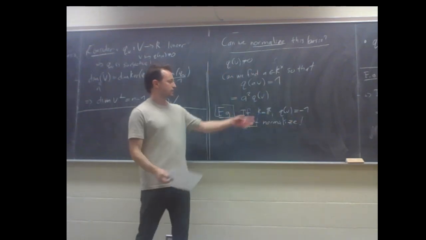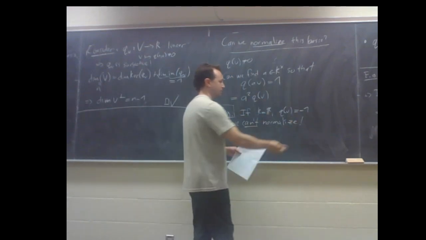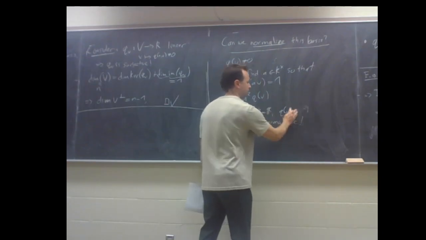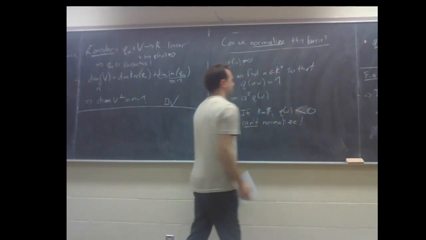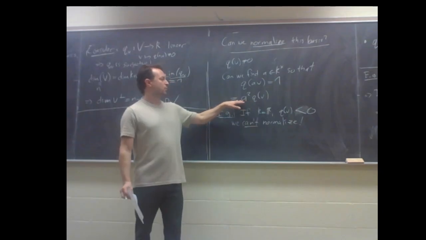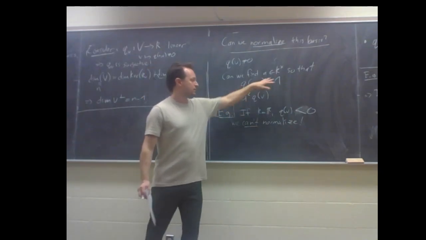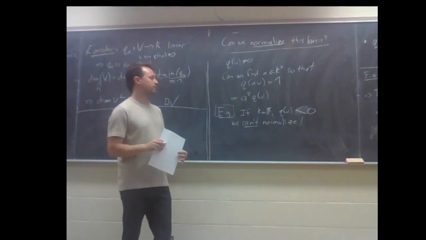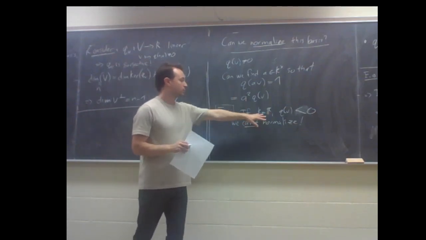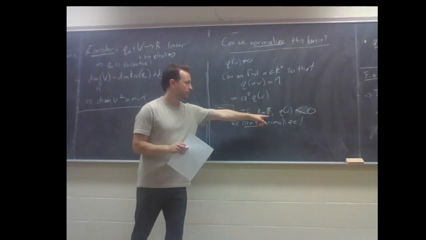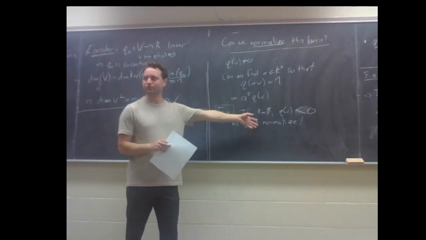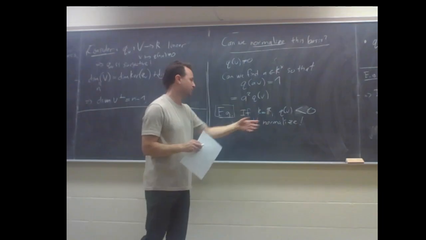Because if Q(v) is any negative number, there's no positive number. Every square is positive over the reals. You cannot make it into 1 by multiplying with the square number. Even worse, if we took K equals Q, then you can have lots of things that don't have square roots, and you especially can't normalize there.